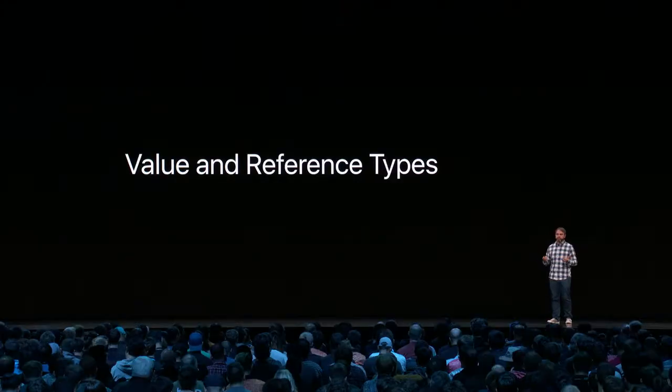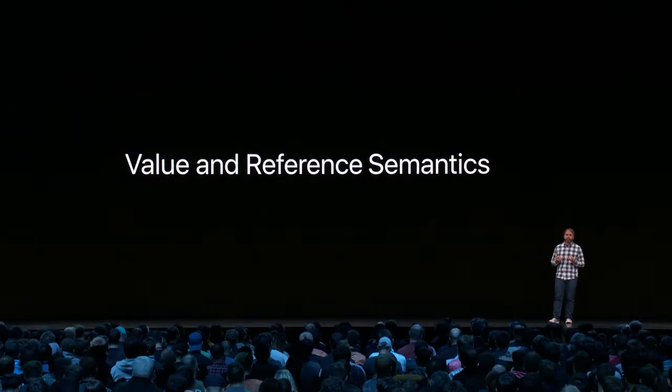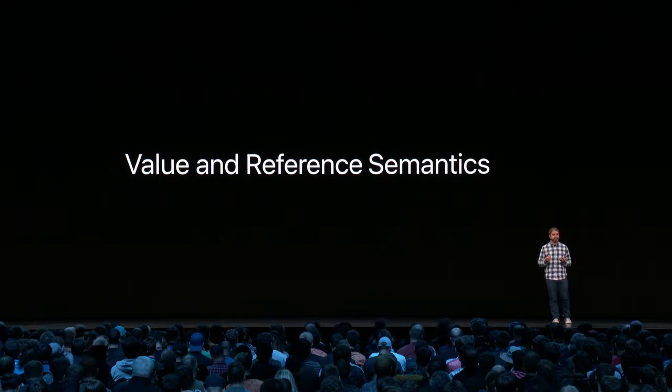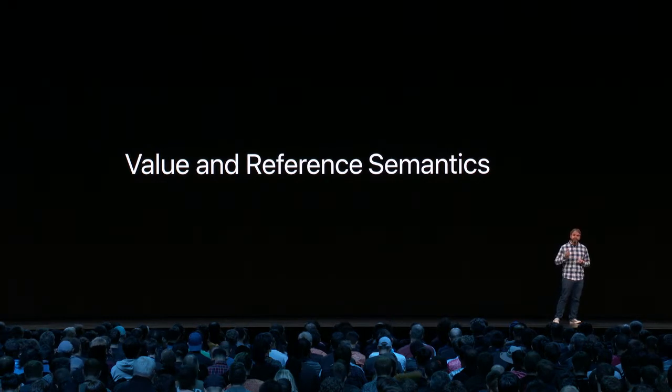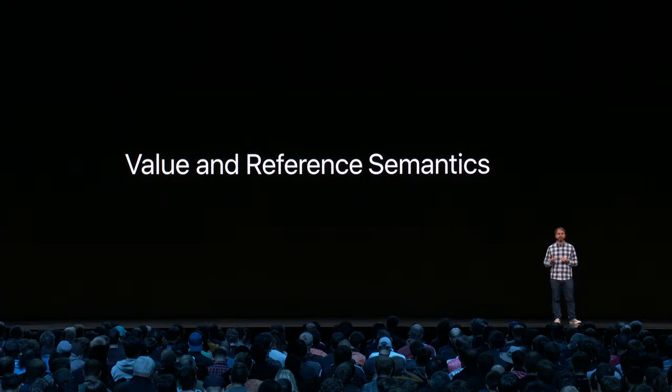And so here we need to make a really key distinction between value and reference types, structs versus classes, and value and reference semantics, how the type behaves. Just because something is a value type, like a struct, doesn't necessarily mean that you automatically get value behavior from it.